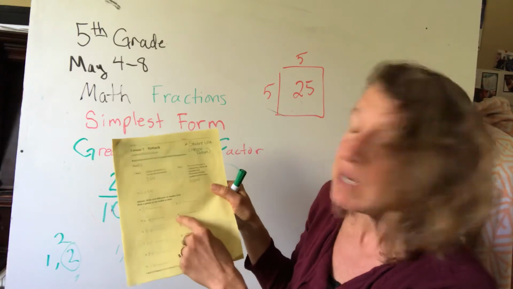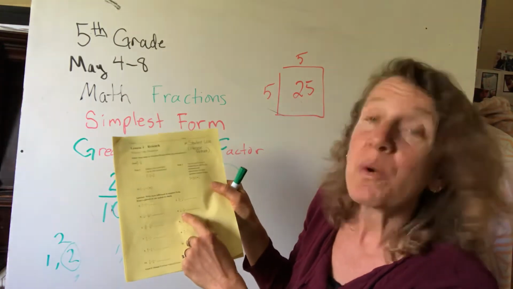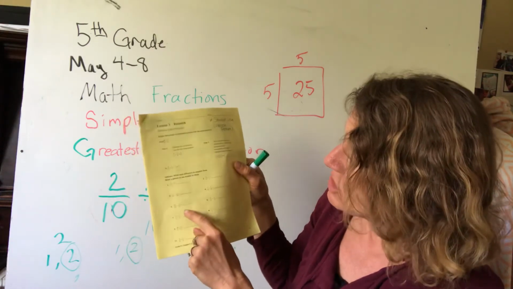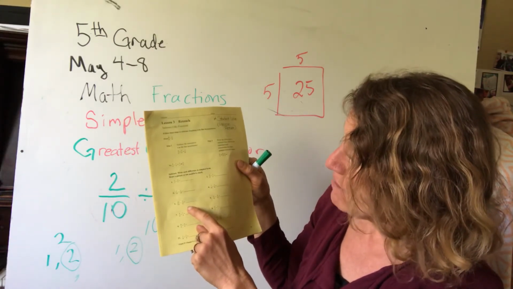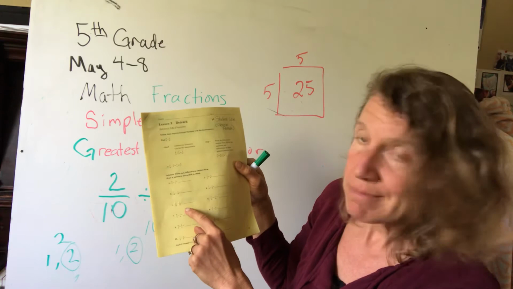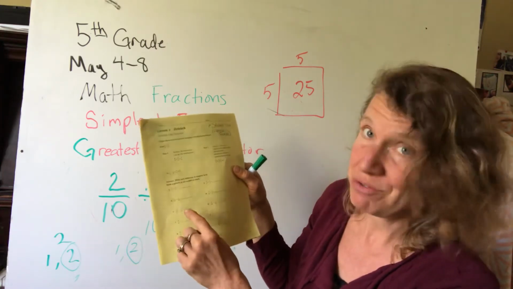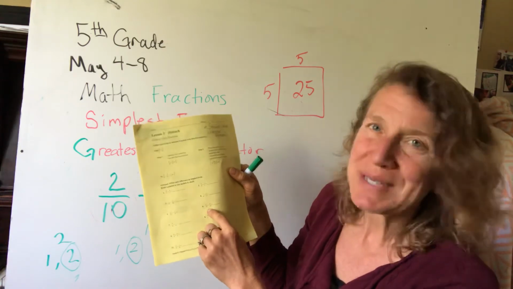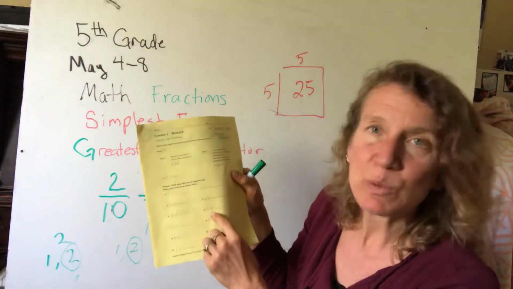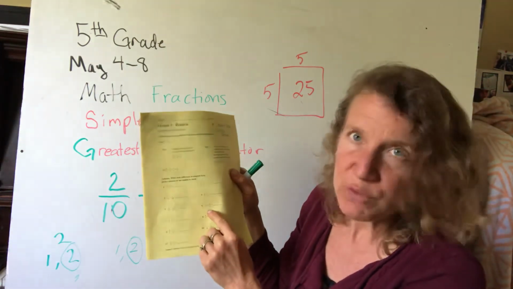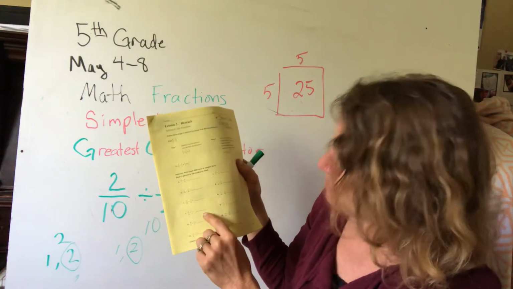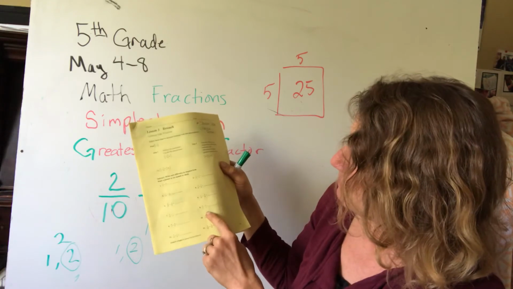Number 4, I'm going to let you know you are going to have to reduce that into simplest form. Let's look at number 5. That's going to have to be reduced. Take a look at it. Number 6, well, 3/10 minus 2/10 equals 1/10. I've already let you know if your numerator is 1, you don't need to reduce it. Number 7 is going to need to be reduced.